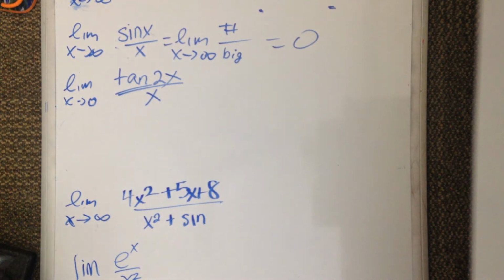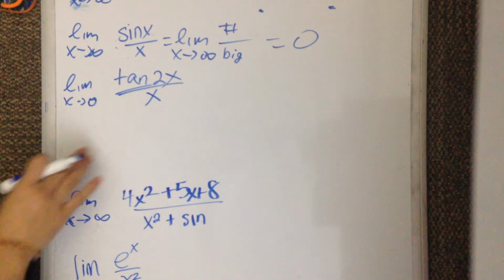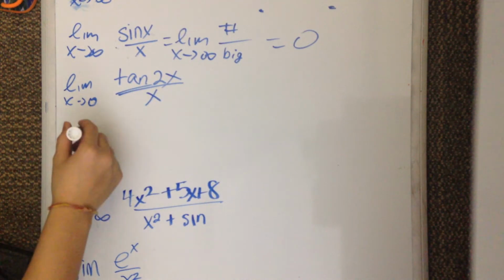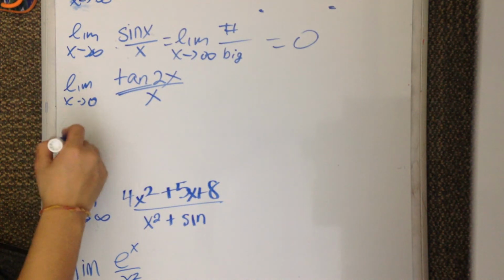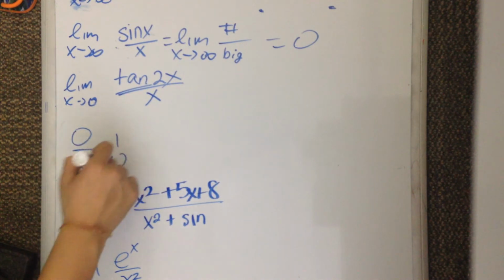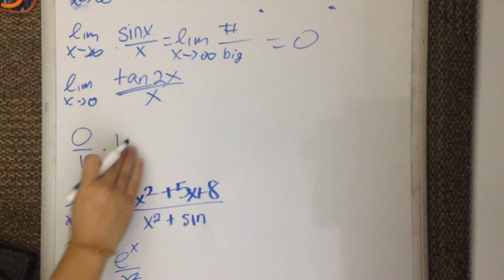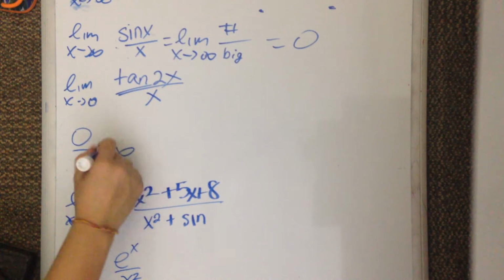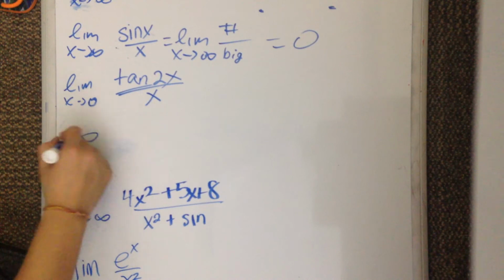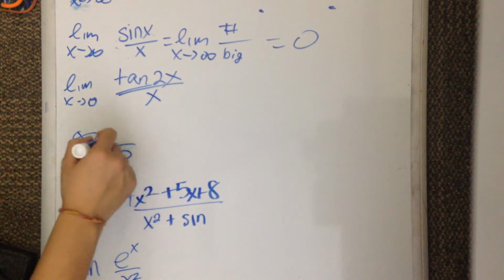We need to remember that when we're splitting up products of limits, which is what we're going to do in this case, we cannot split up products of zeros, whenever there's a 1 over 0 somewhere else, or whenever there's an infinity. We cannot pull out infinities whenever there's going to be a 0.